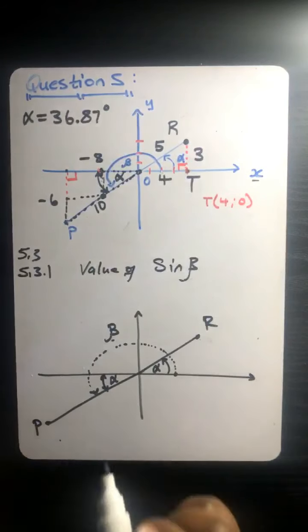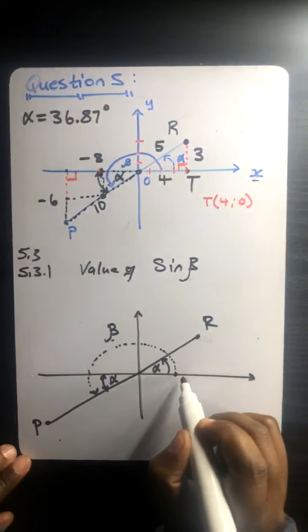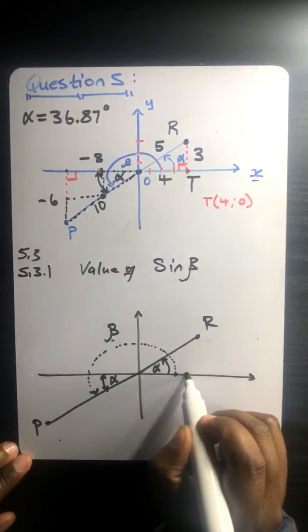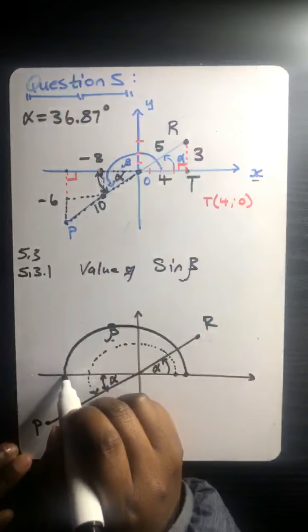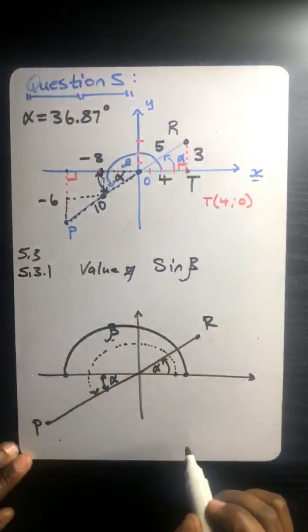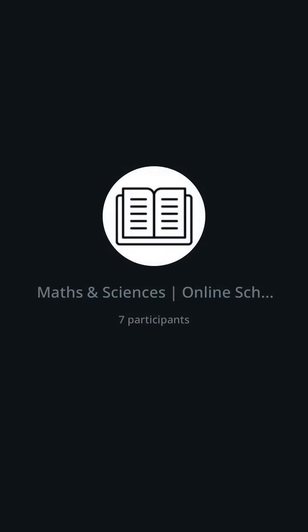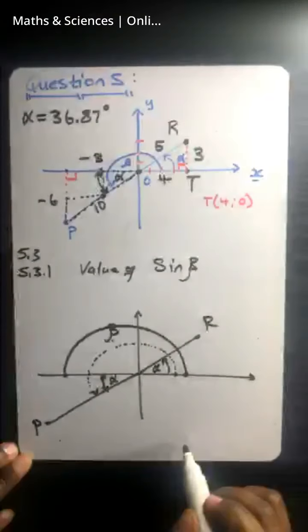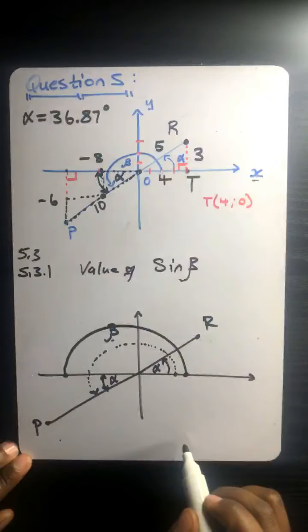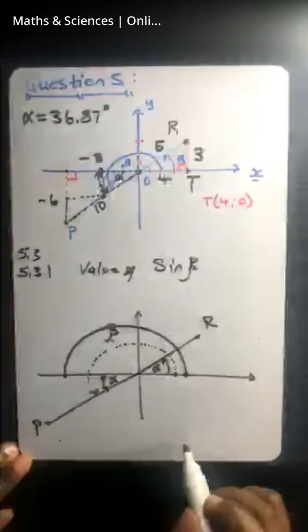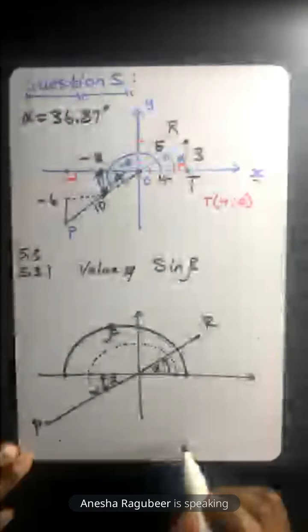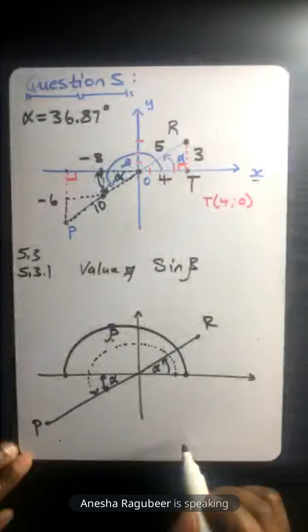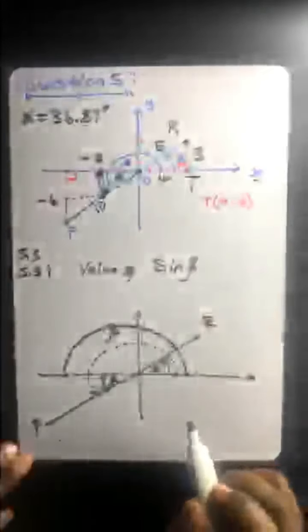Okay, you tell me, Shreyas, what is this angle from here all the way up to there? What is that angle, Shreyas? Is it not 180? I'm not sure, but yes, it's 180.